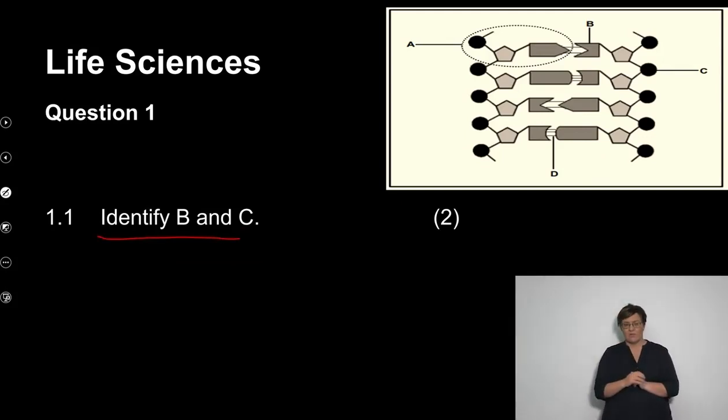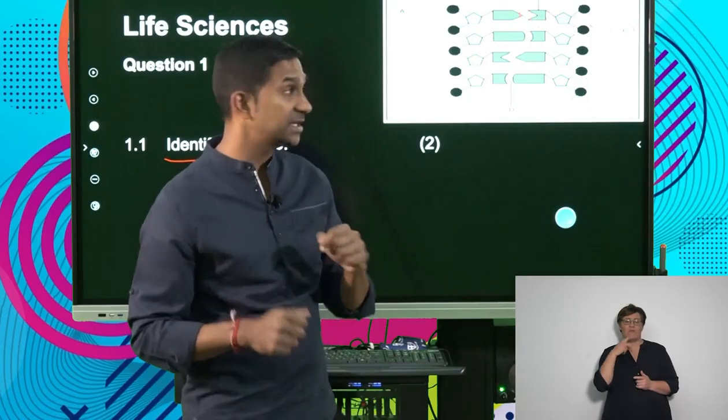So guys, if we look at structure B and structure C, B points to the complementary base pairs. Now, obviously this is a DNA molecule, so that's going to be a DNA nucleotide that it's pointed to specifically. When we look at structure C, we've got to recollect that DNA is double-stranded and it's made up of a sugar phosphate backbone.